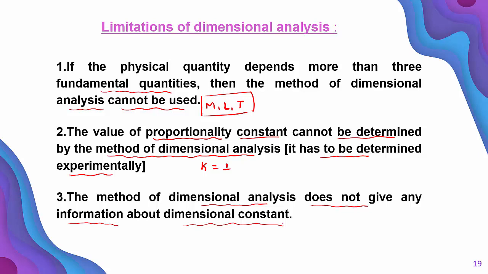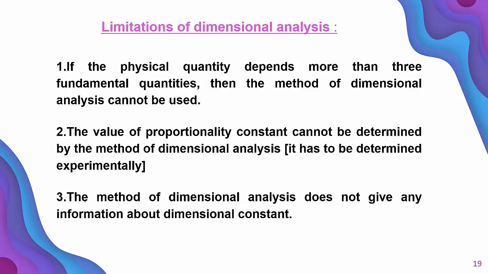For example, we solved the last example about the gravitational constant. You already wrote the value of G, given as 6.67 into 10 raised to minus 11. How did we get that value? It is not determined by dimensional analysis. This is also one drawback of dimensional analysis.